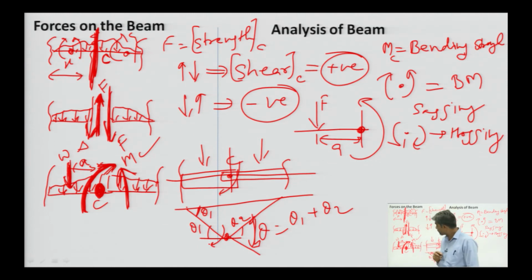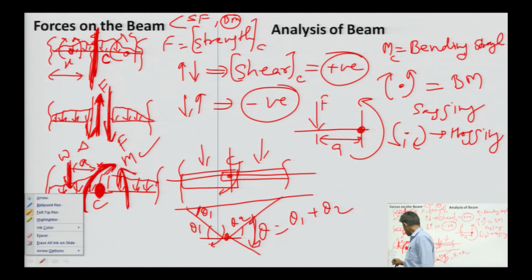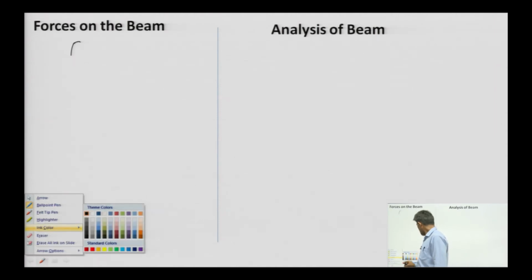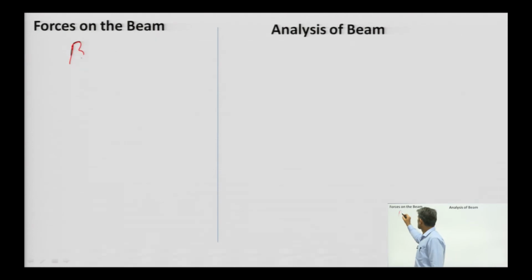Right. So, what are the forces on the beam? Forces on the beams are mainly shear force and bending moment. Two types of forces are there. What are those? Bending moment, and another is shear force.